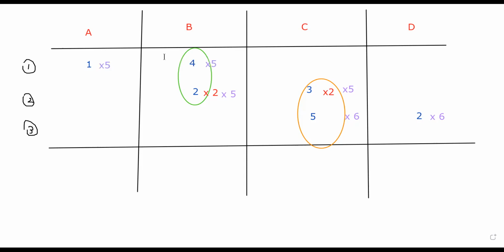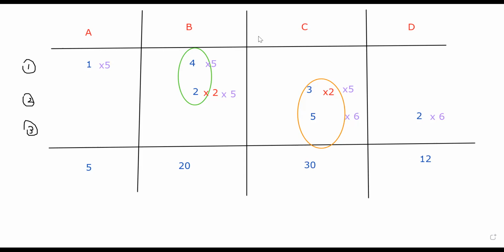By combining the two together, we get our final answer. A is 1 times 5, which is equal to 5. B is 4 times 5, which is equal to 20. C is 3 times 2 times 5, or 5 times 6, which is equal to 30. The last one is 2 times 6, which is equal to 12. So the ratio of A to B to C to D is 5 to 20 to 30 to 12. This is our ratio.